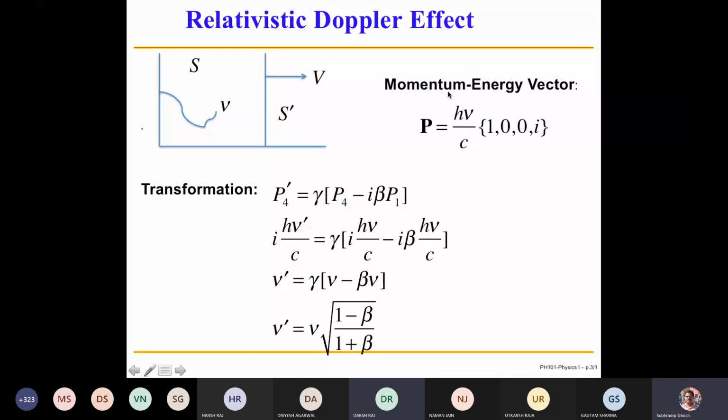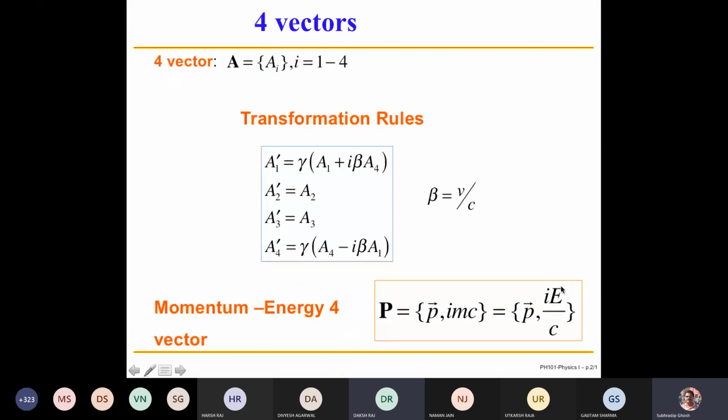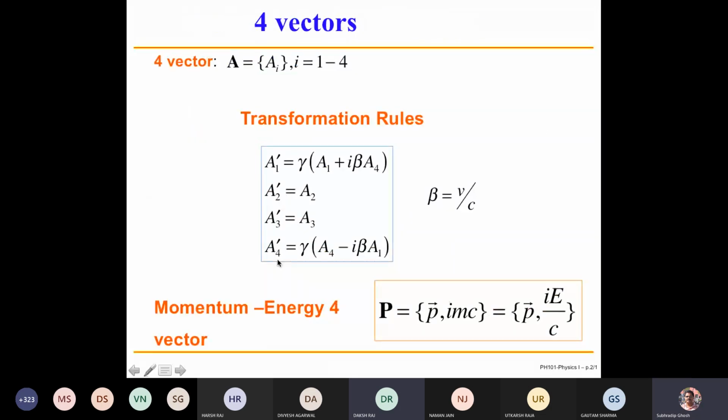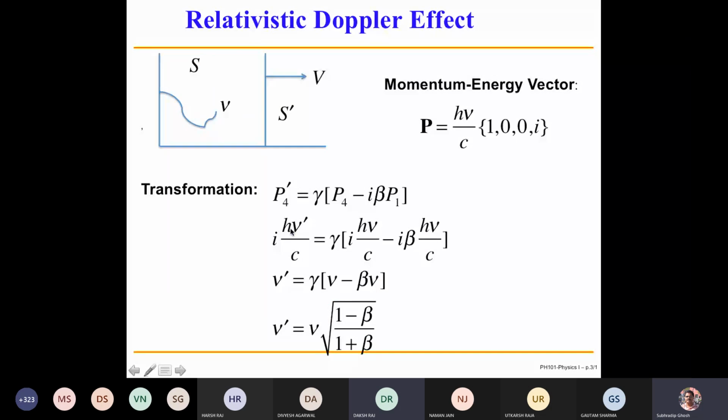What I did was I simply constructed the momentum energy vector using this relationship. And then from there, I use the transformation law for the four vectors. Because I am interested in the momentum, the fourth component, the energy, this gives me a connection between nu prime and nu.